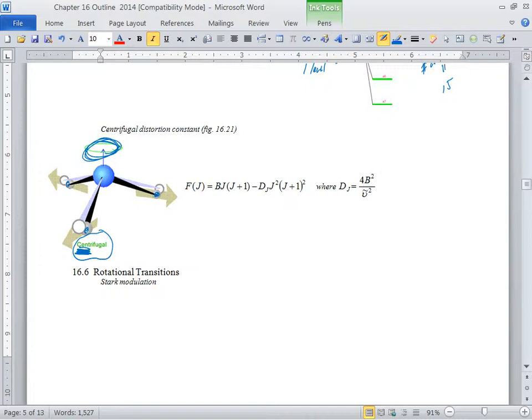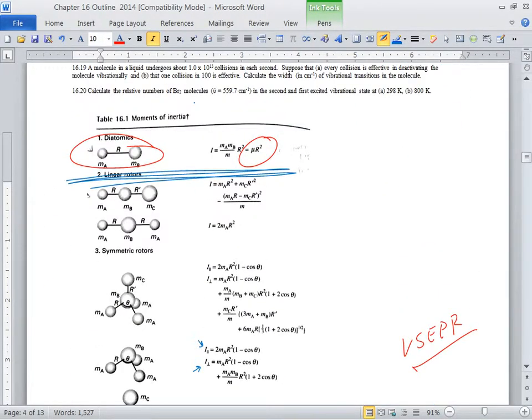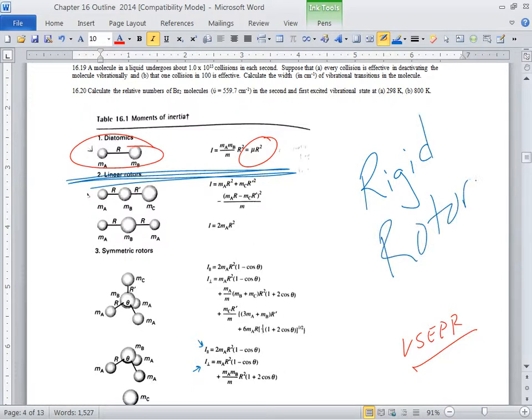So if you have this centrifugal distortion going on, well, that means it's no longer a, what do we call these guys? We call them rigid rotors. They're no longer rigid rotors if they're distorting.